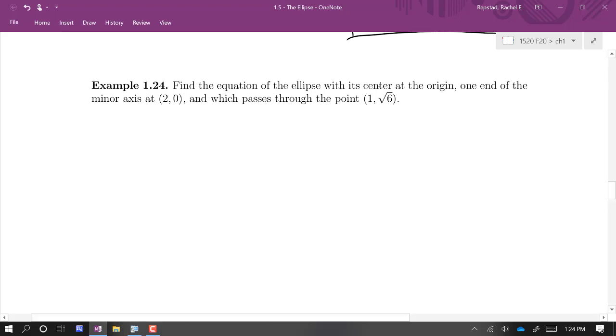The center's at the origin. So I know the standard form for that equation. I'm just not sure yet which way it's oriented. So here's a big giveaway. It says one end of the minor axis is at (2, 0). So that tells us two things.